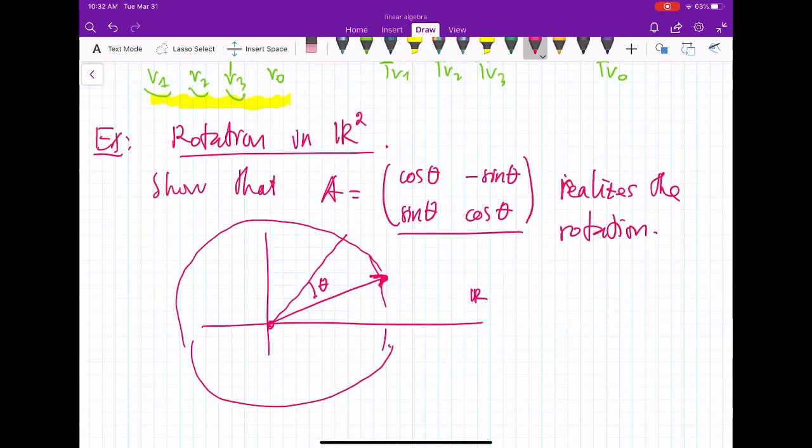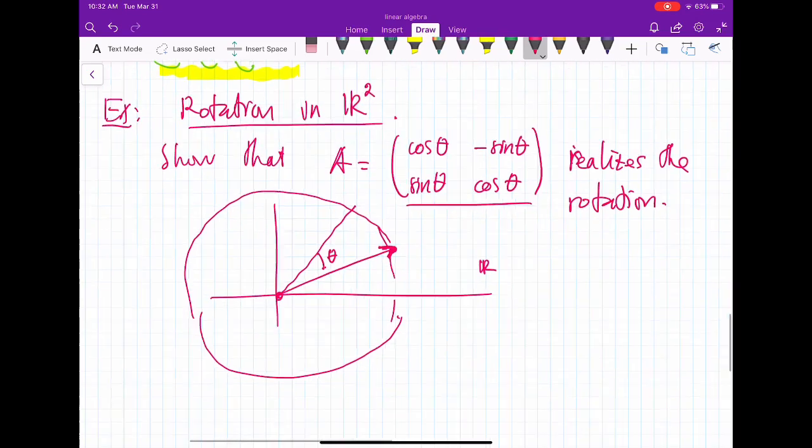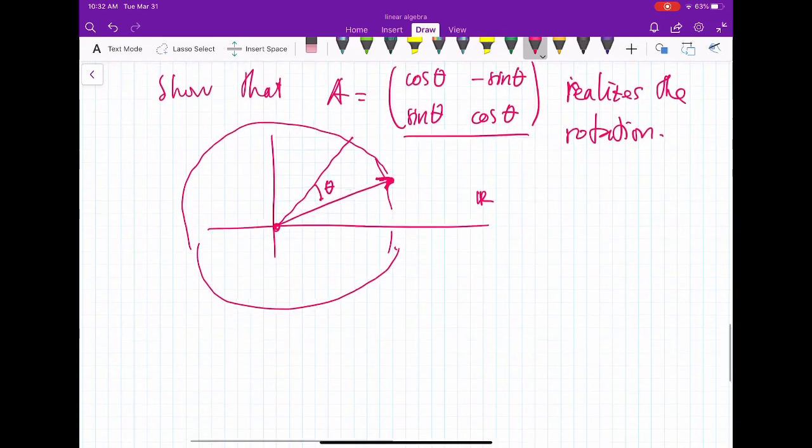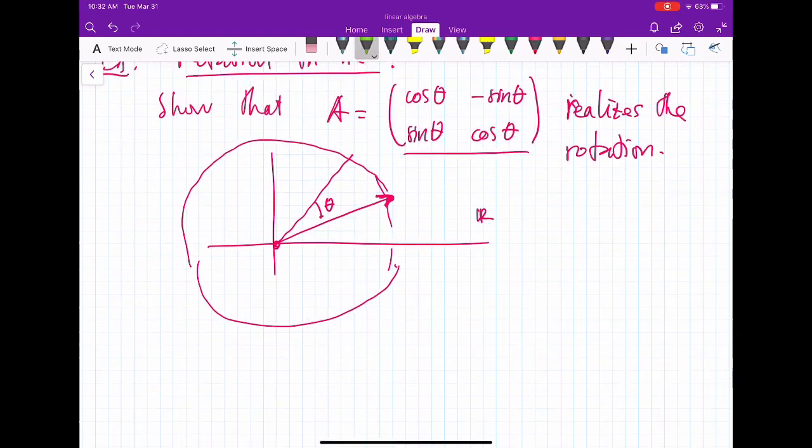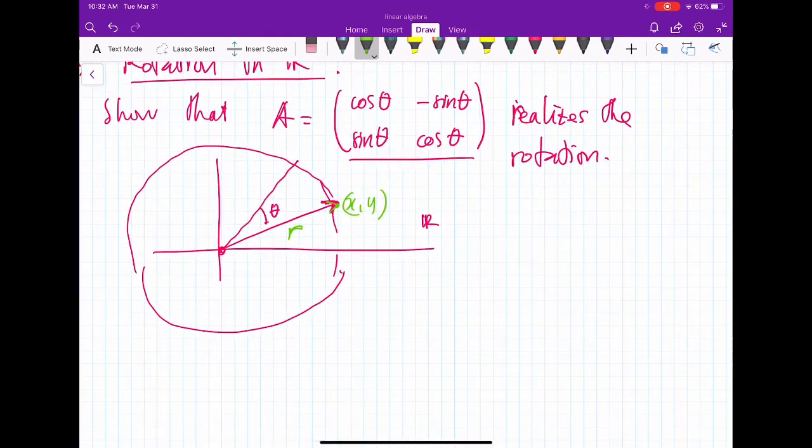Of course, A is a linear transformation because A is a matrix, as we discussed at the very beginning of the lecture. So we know that it's a linear transformation. Suppose you have the coordinates x, y right here, and the radius is r. We have polar coordinates: x equals r cosine phi, and y equals r sine phi, where phi is the angle between this vector and the x-axis.